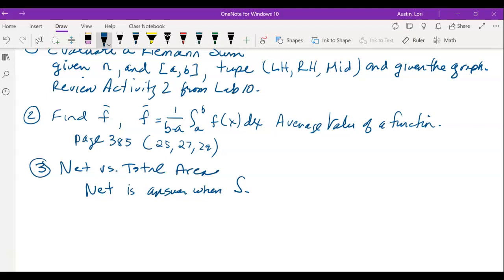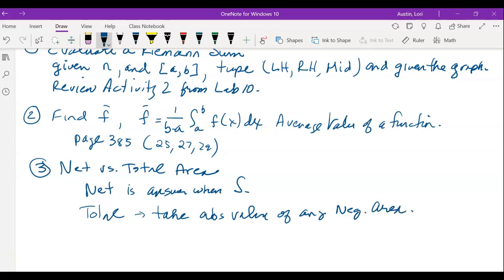When you integrate, that's what that integration sign is. I don't feel like writing the word integrate. Okay? Because net means you utilize the negative and positive areas. Okay? For total area, remember, you need to take what? Absolute value of any negative area.